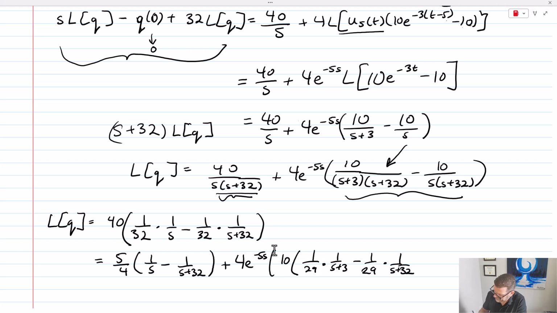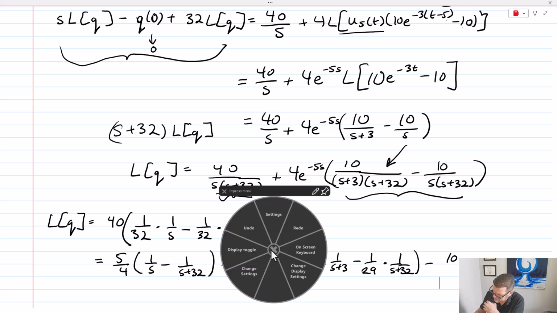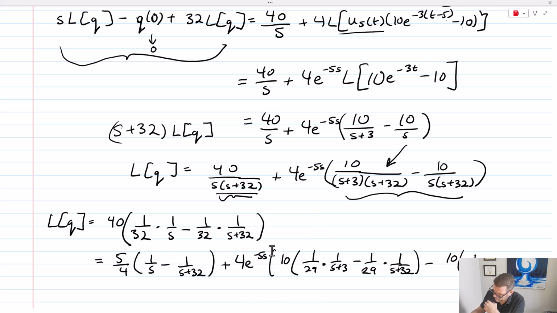We'll do some simplification on that one in just a second. And then minus 10, and we already know what this is going to be: 10 times 1 over 32 times 1 over s, minus 1 over 32 times 1 over s plus 32.